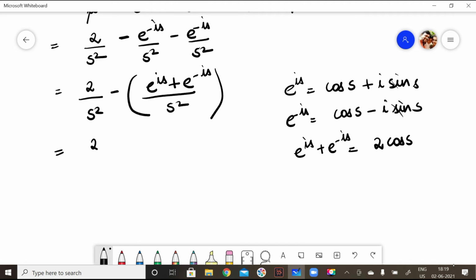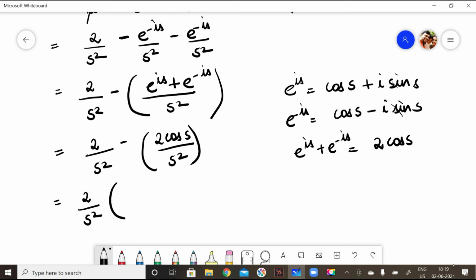So I write it as 2 by s square minus 2 cos s by s square. Now what is common? 2 by s square is common, so I take it out. 1 minus cos s.